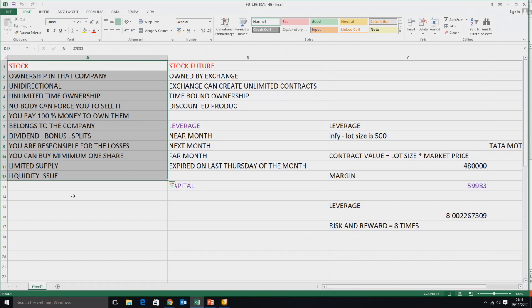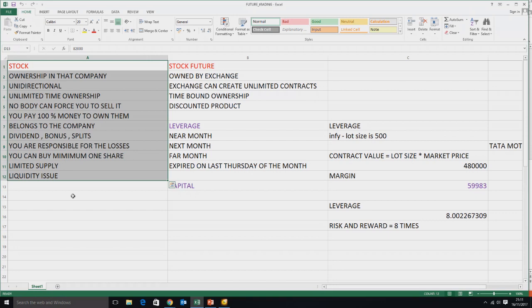And the spread, which we have talked about during the course, if there are not enough participants who are interested in that stock, you may have the spread issue. In other words, the liquidity issue. So the price at which you want to buy or sell depends upon the interest of the participants, which creates a lot of problems while buying or selling individual stocks, right? So these are the characteristics of stocks.